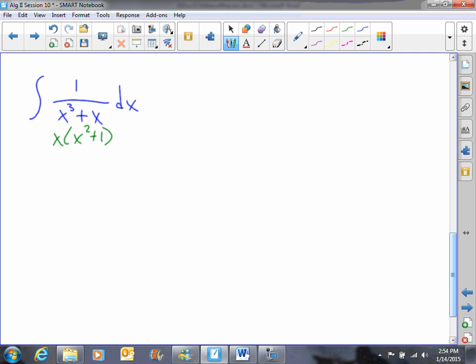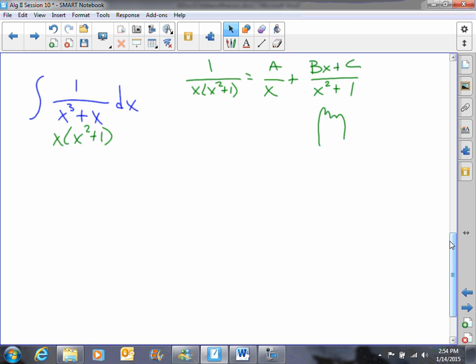And notice x squared plus 1 doesn't factor any farther, so we're going to write 1 over x times x squared plus 1 is equal to a over x plus bx plus c over x squared plus 1. Notice, since this divisor is quadratic, we made the numerator linear.